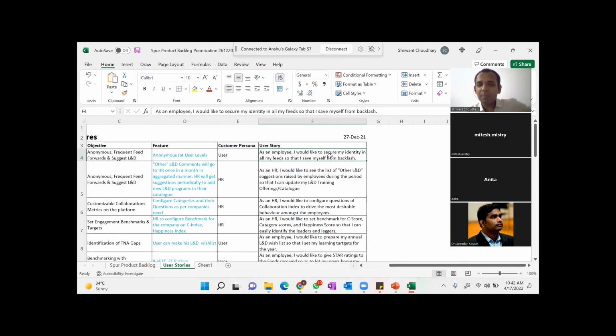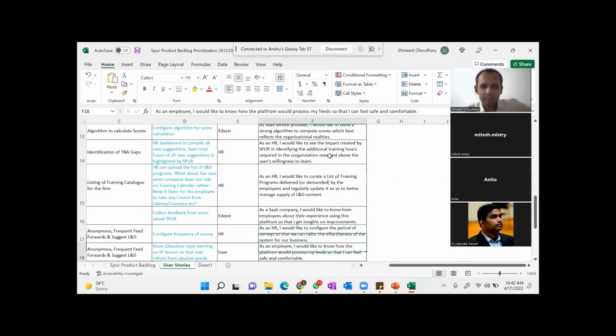If you are appreciating somebody, they may feel it like buttering. If you don't appreciate, if you tell the truth which is not very friendly in nature, people may feel that it is racist. How to avoid that kind of unintended response? So it is one kind of a user story that as an employee, I want to safeguard myself. It is a user story, and this is how we listed out the entire thing.